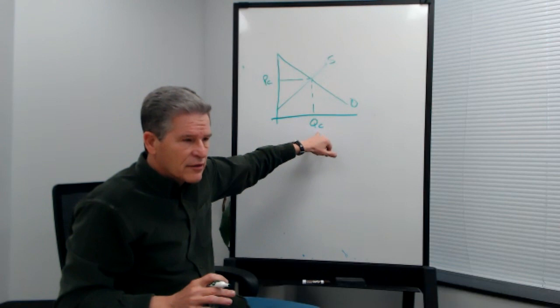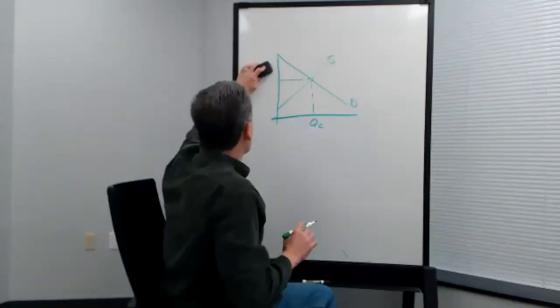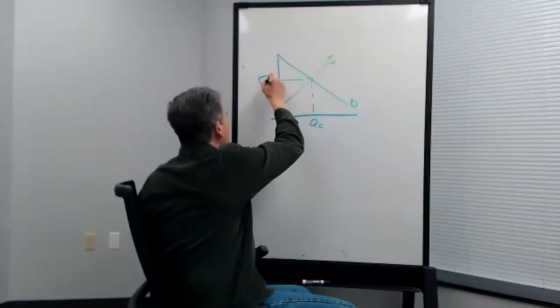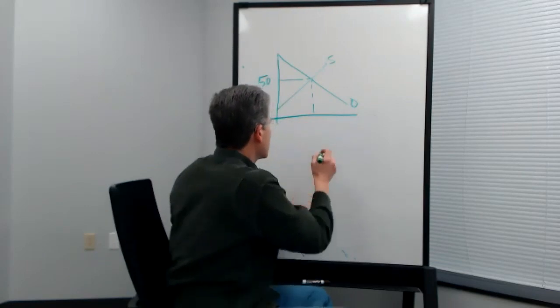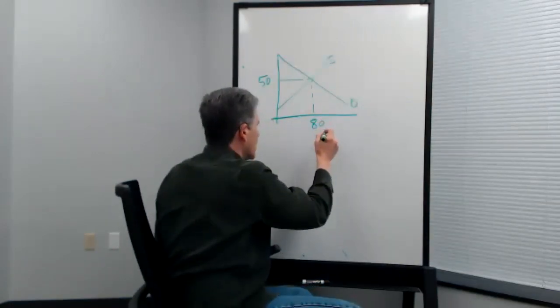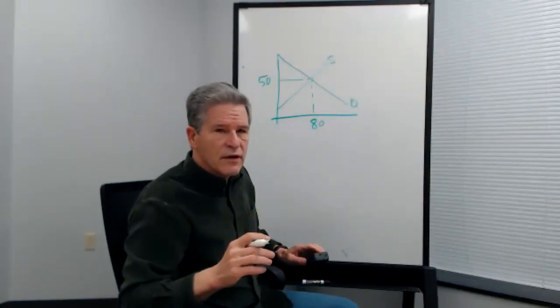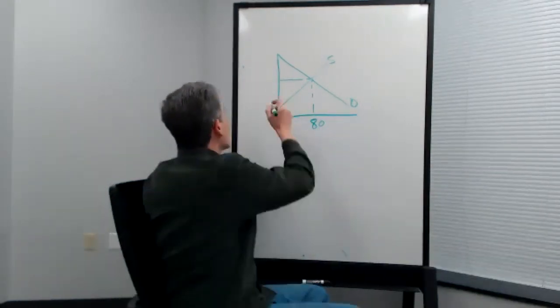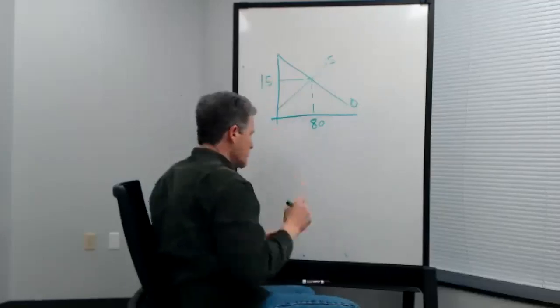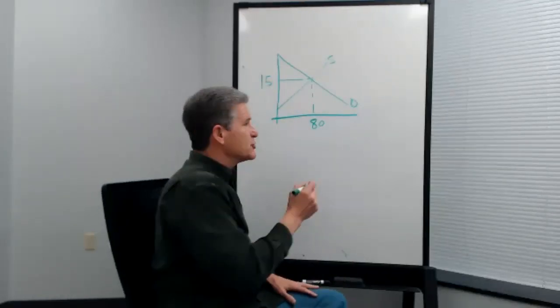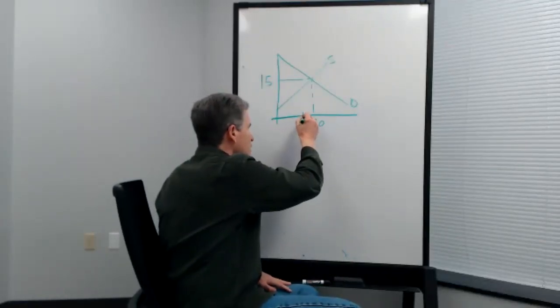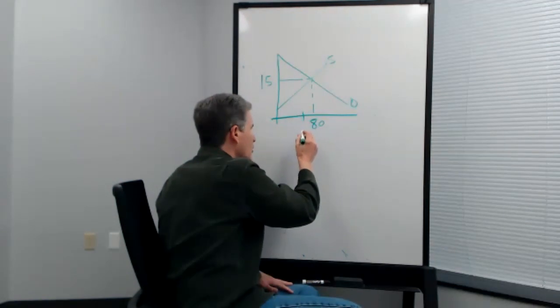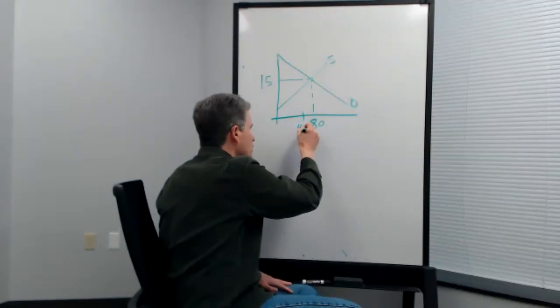The market is initially in equilibrium at a price of 15 and a quantity of 80. Oh, it's 15, I'm sorry. It won't matter. And then they cut output to 40 in order to raise the price to 18.